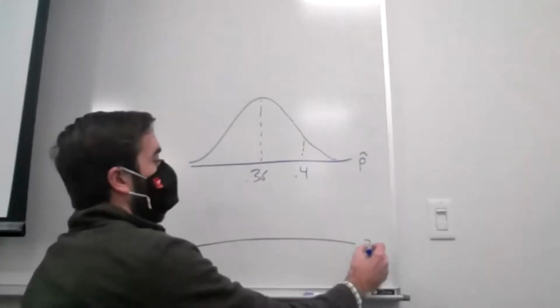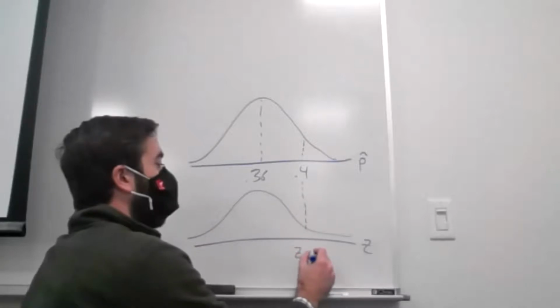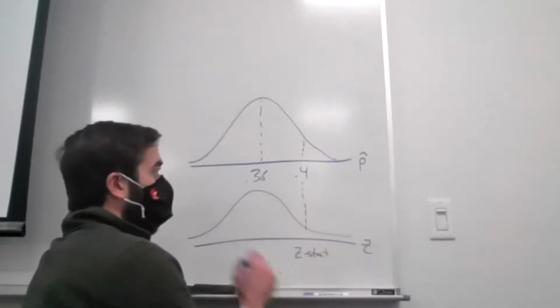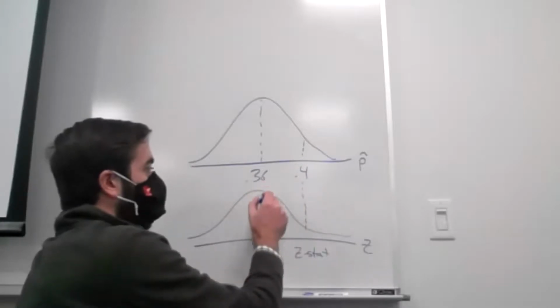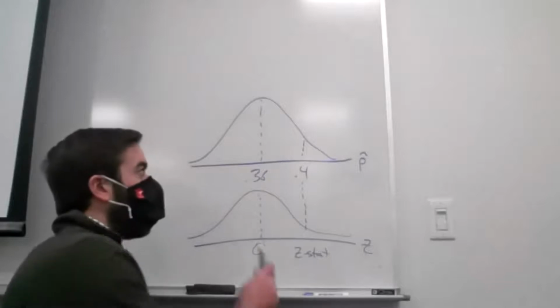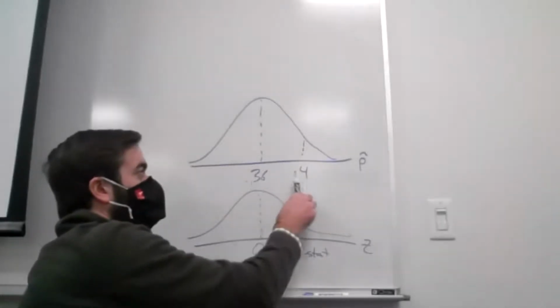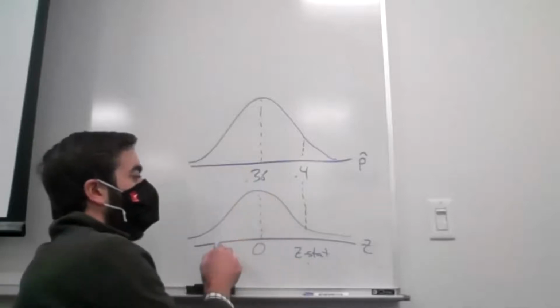So if I'm turning this into a test statistic, what I'm really doing is turning it into a z value, a z statistic. So if I see something above the mean, well, this assumed true mean would be a z statistic of 0. Same idea we talked about before. If I see something above this assumed true value, positive test statistic. If I see something below it, negative.